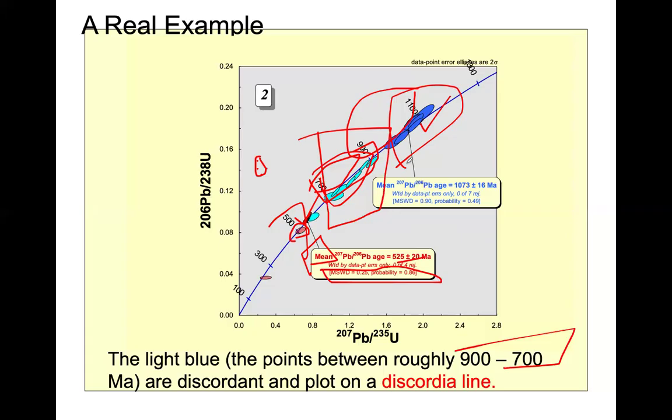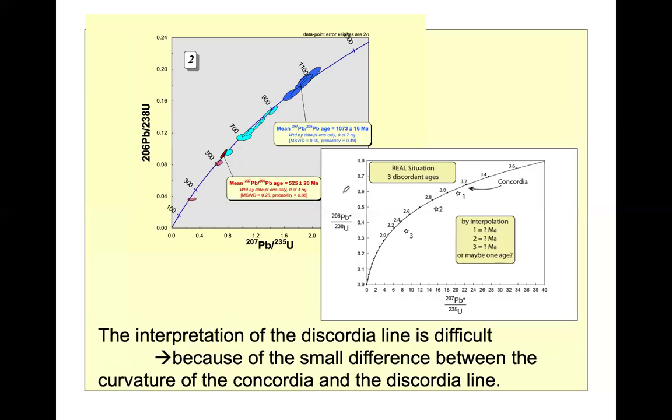But still a Discordia line can be produced. You can't see that line clearly because it is constructed by the software itself. So this is the Discordia interpretation, like here: upper intercept and lower intercept.